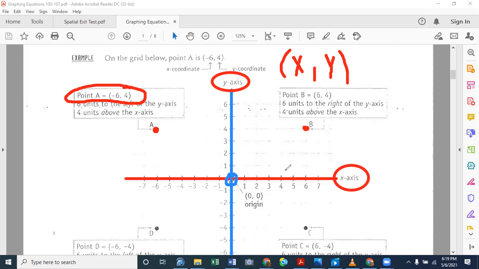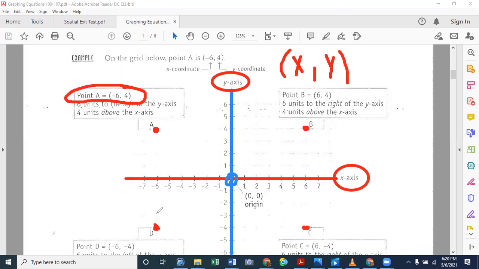And then if I was to plot C, which is down here, again, it's 6 to the right, and then the y value is -4 this time, so it's 4 units below the x-axis, or 4 units below 0. 1, 2, 3, 4, and then it gets put right here. And then we go over to D, and the value is -6, -4. So -6 is how far left I am of 0, and then -4 is 4 units down from 0.